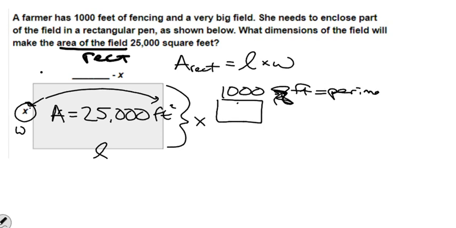And so you've got to think about how I can use what I know about perimeter and this 1,000 to figure out the length, or write an expression for length.